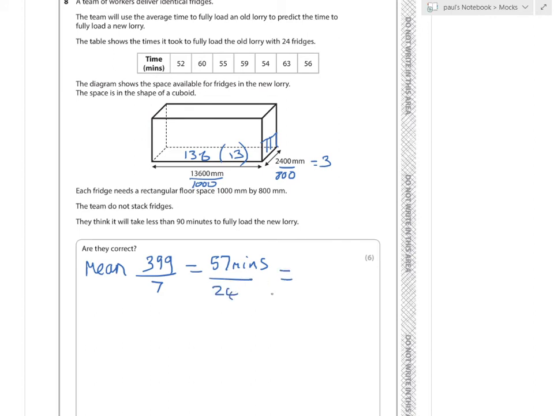So 57 divided by 24 is 2.375 minutes per fridge. Right, now we worked out that we've got 39 in a new lorry, and if we multiply that by 2.375, it's going to take them 92 minutes.